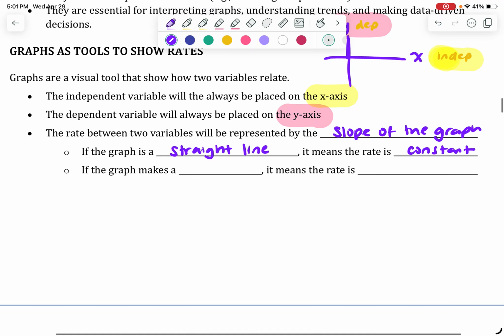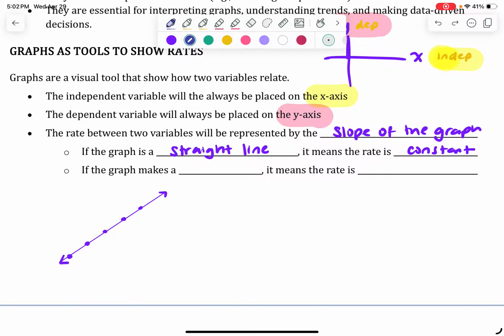If I had a perfectly straight line here, and I took a look at a bunch of points along that graph, the amount that I'm increasing and the amount that I'm traveling sideways would be consistent and constant the whole time. So I'm consistently going up, but it is going up by a constant amount, a non-changing amount.